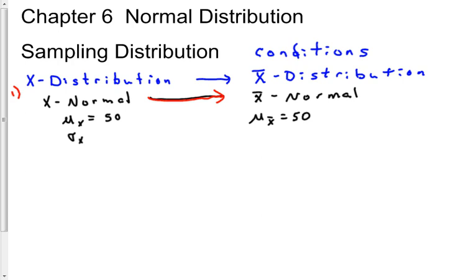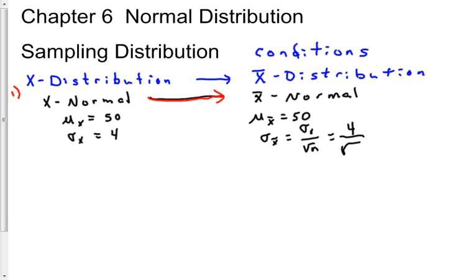We have a standard deviation of, for example, say 4, then the standard deviation of our X-bar sampling distribution is that standard deviation of X over square root of n, which is 4 over square root.